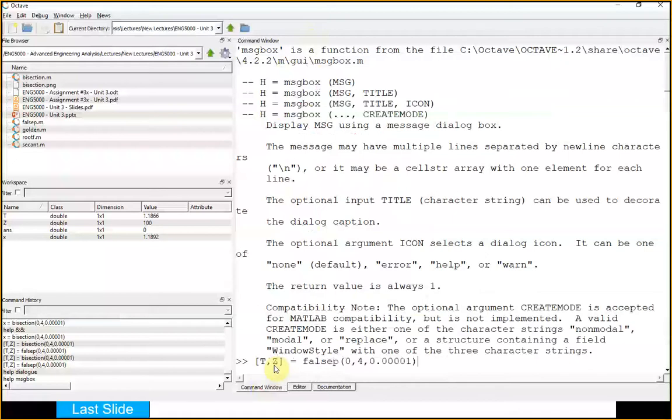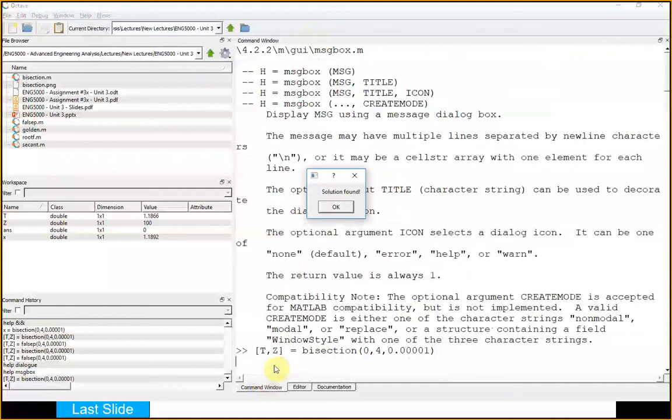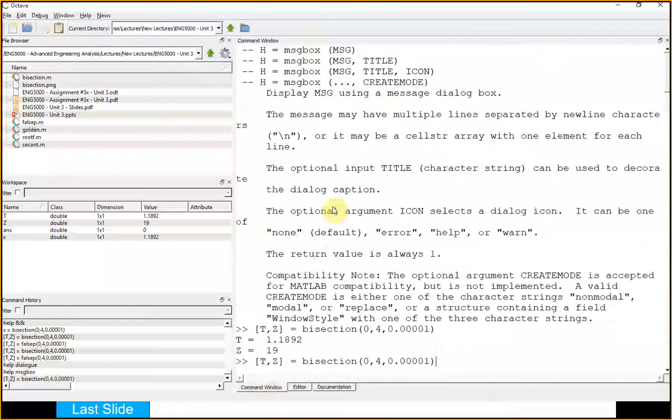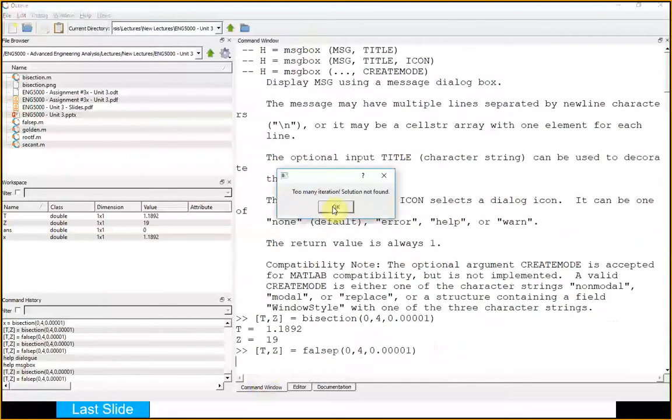Let's run them again, everybody. So let's do bisection first. See what I just did? Ooh, fancy, yeah. And let's do the other one, false position. Do the same thing. Alright.